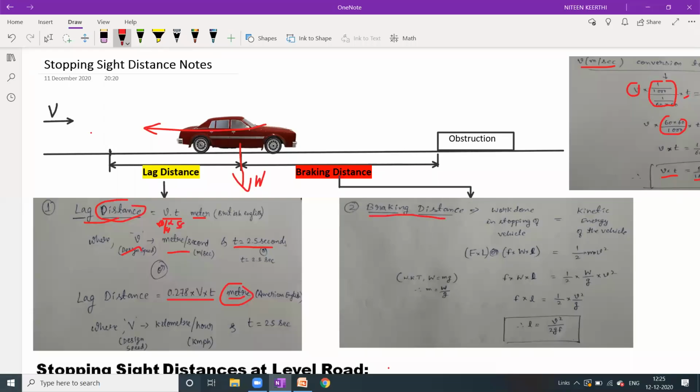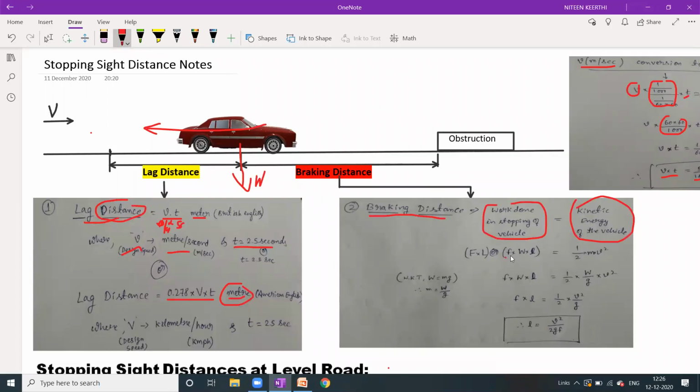The next step in determining stopping sight distance, that is the braking distance, we can write as: work done in stopping a vehicle is equal to the kinetic energy of the vehicle. So what is the work done for stopping the vehicle?